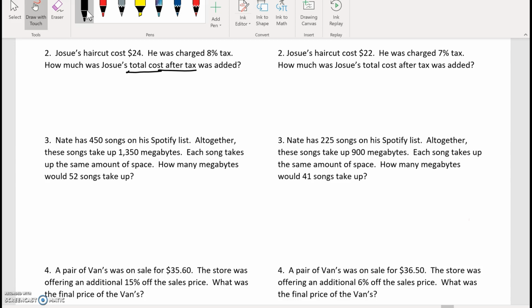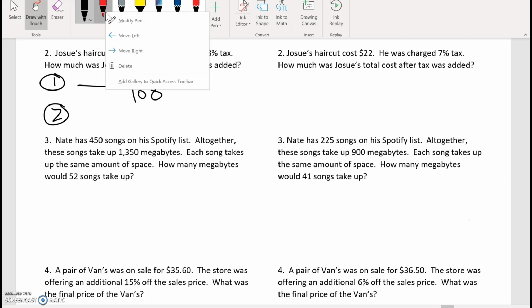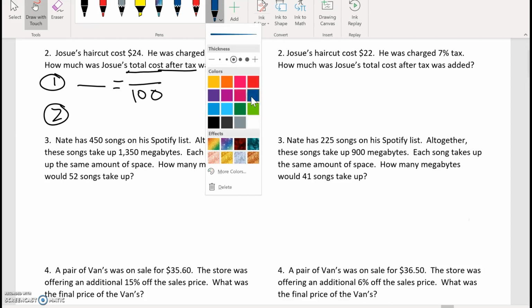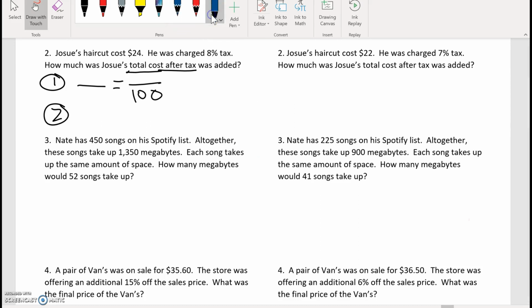And since tax is a percent, we know that we have to set up a proportion. We taught you on day 1 that there's going to be 2 steps. So with the proportion, I always have my 100 in the bottom right. And then above that, let me add a blue pen. Okay, so above that is going to be my percent, right?